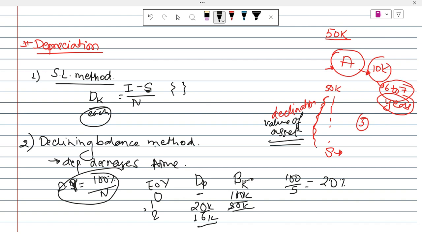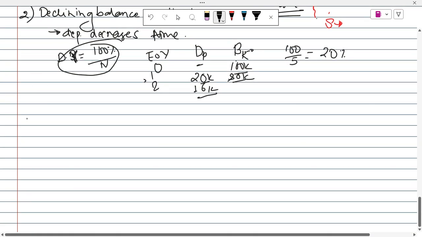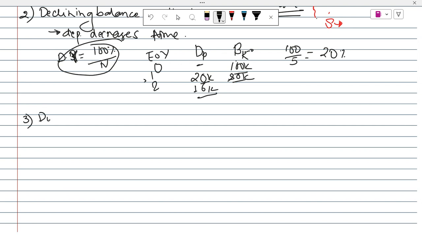Our third method of depreciation is the double declining balance method, DDB. The rate is simply 200% upon n.